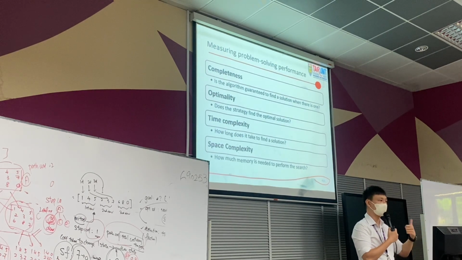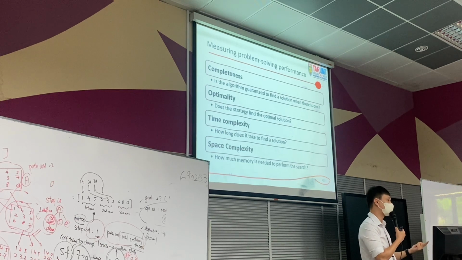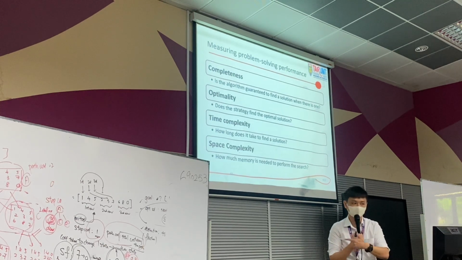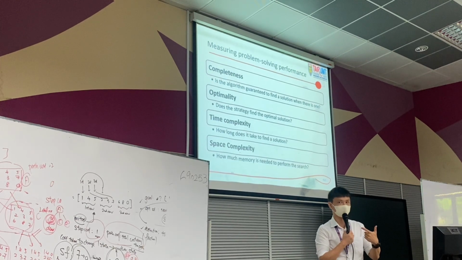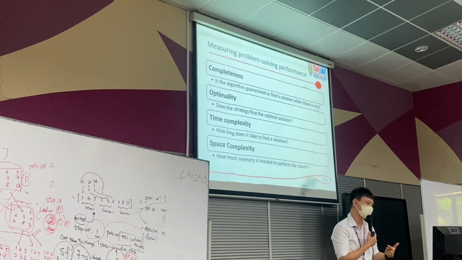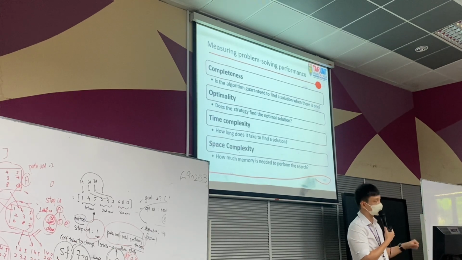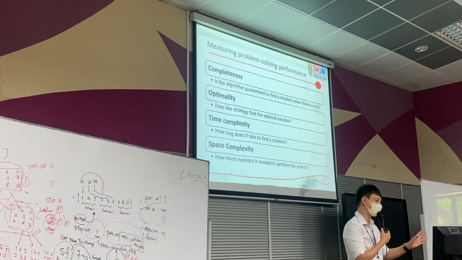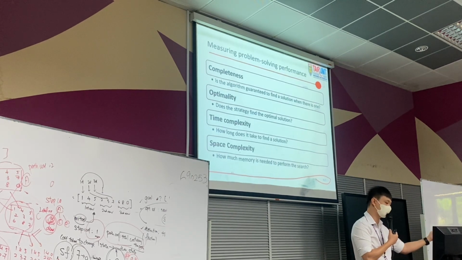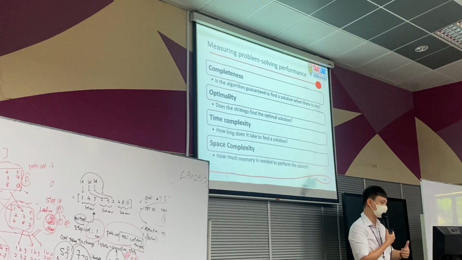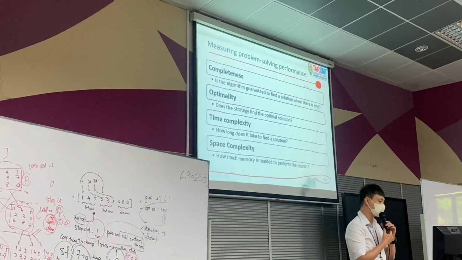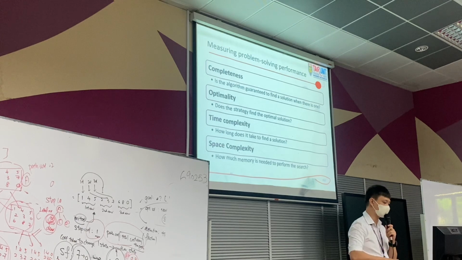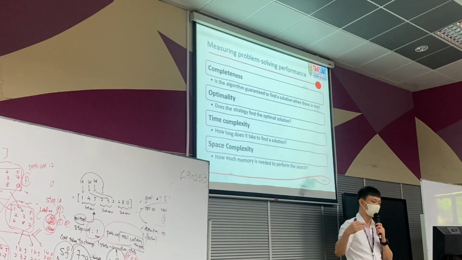Whether this algorithm provides the optimal solutions or not. Some algorithms, like depth search next week, are able to return you a solution, but it's not the optimal solution. And then in terms of time, whether it is using the least time, and how much memory you use.